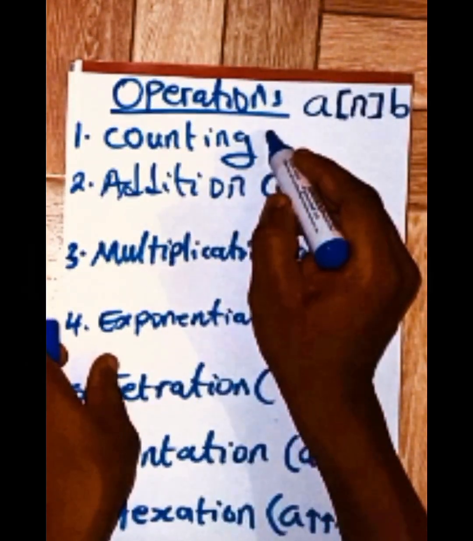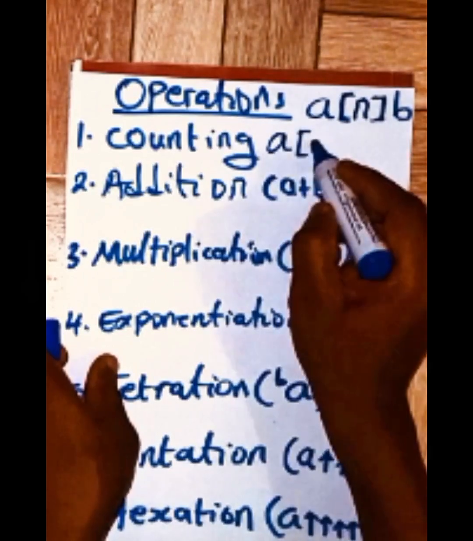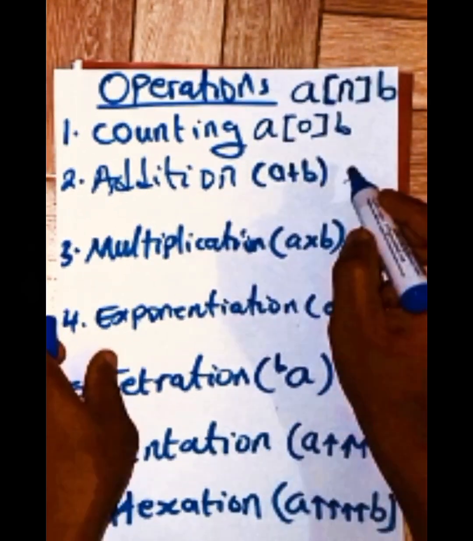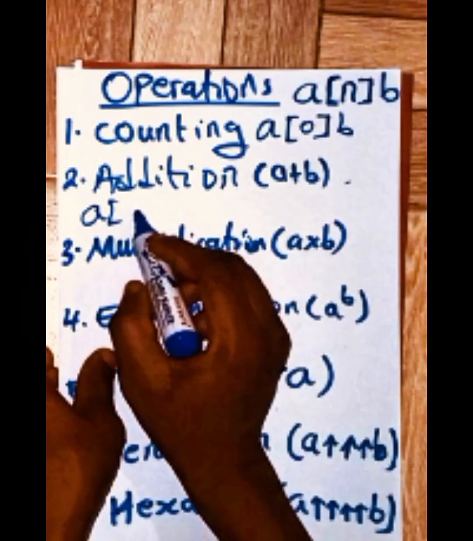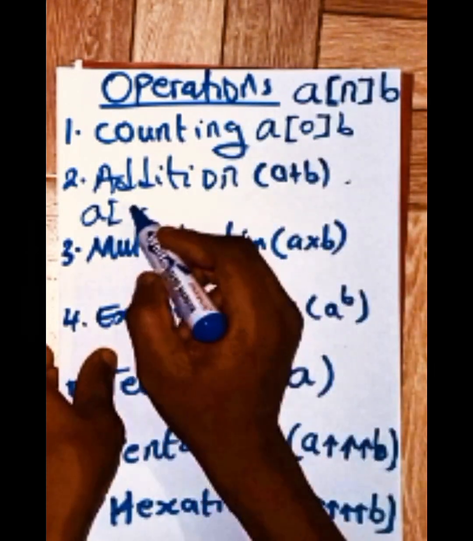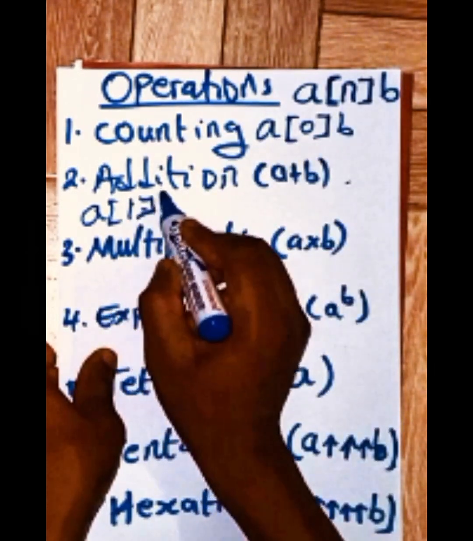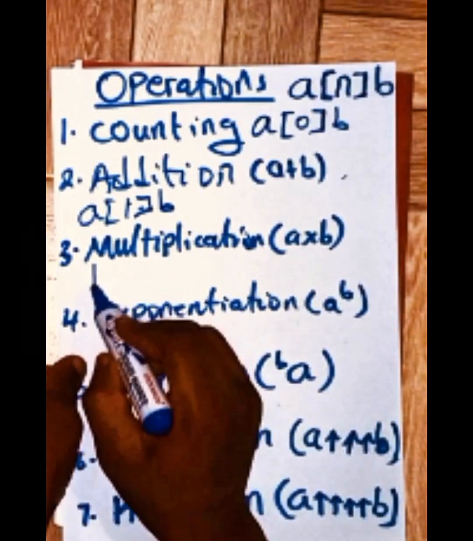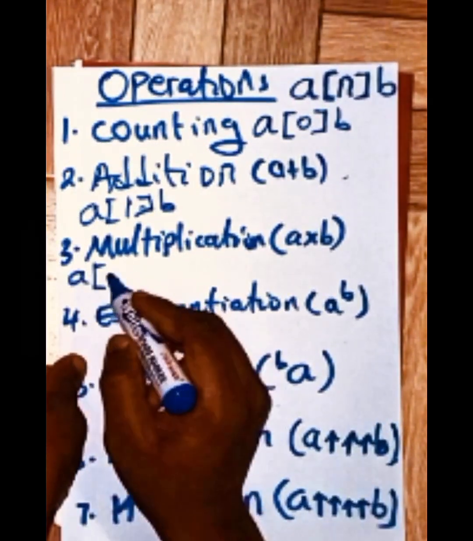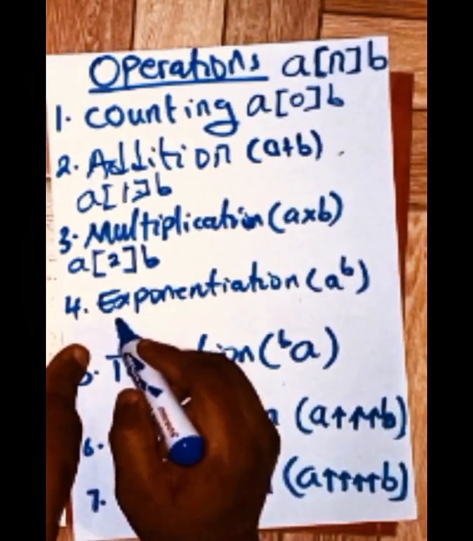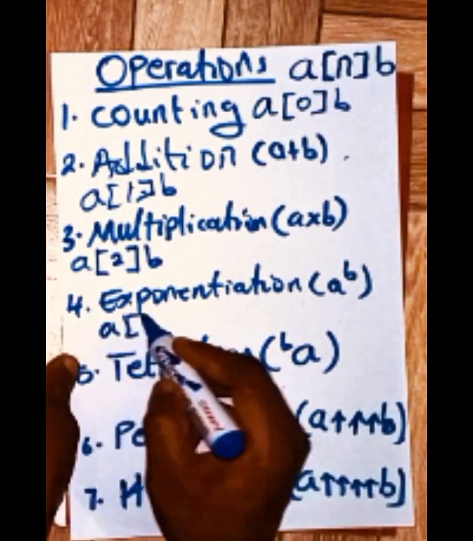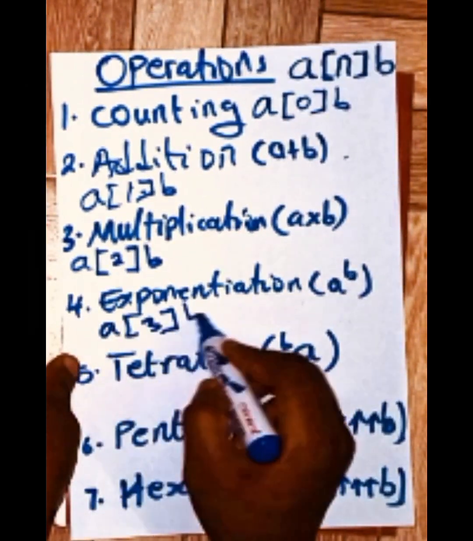So counting has a 0. Addition is the first, so it takes 1. Multiplication is second, so 2. Exponentiation is third, so it takes a 3.